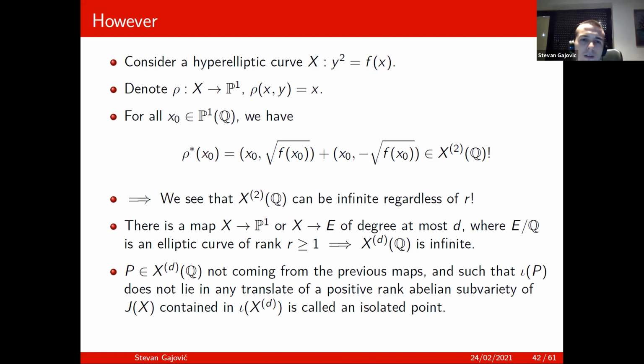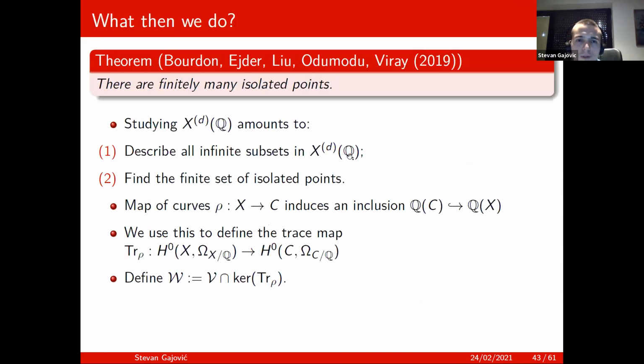If a symmetric power of a curve has infinitely many points, then it is related to its gonality, that is, the least degree d map to the projective line. If there is a map to P^1 or to an elliptic curve with infinitely many rational points, and this map has degree at most d, then the set of degree d points is infinite. There is some other condition that I will skip.